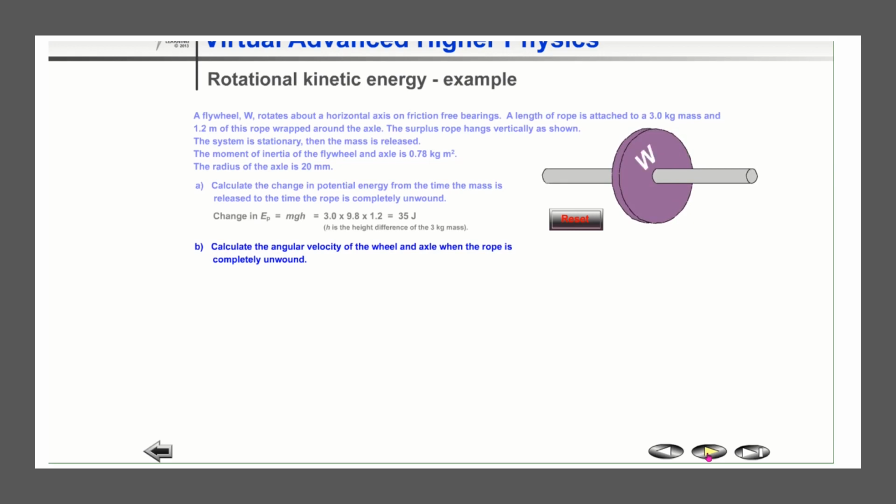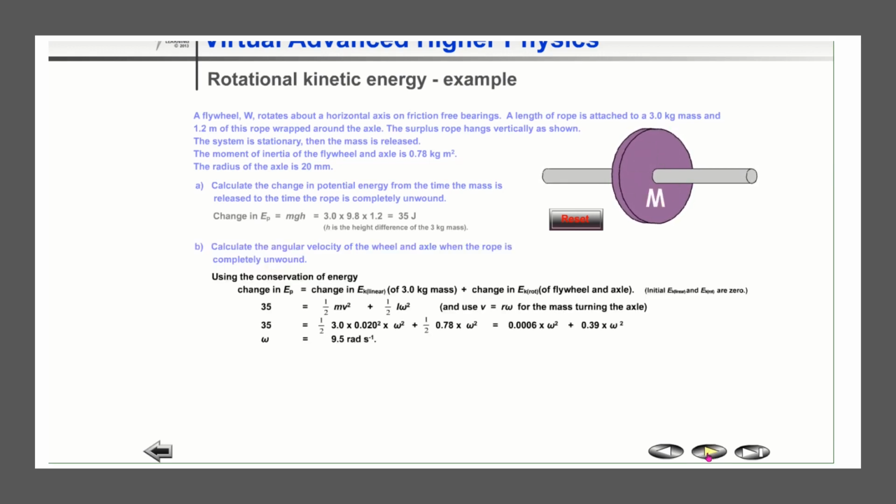Calculate the angular velocity of the wheel and axle when the rope is completely unwound. Using the conservation of energy, EP equals change in EK plus your change in rotational kinetic energy. So 35 is equal to half mv squared plus half I omega squared. Substituting v, we get 9.5 radians per second.